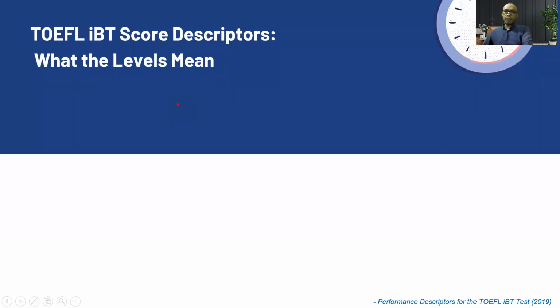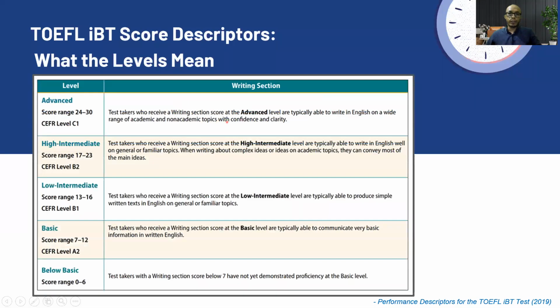And the last one is the writing section, similar to the speaking section, but of course, the format of the skill or the response will be in writing. Okay, and we can see the key differences here are shown by the keywords confidence and clarity, okay, which is lacking in the high intermediate level.